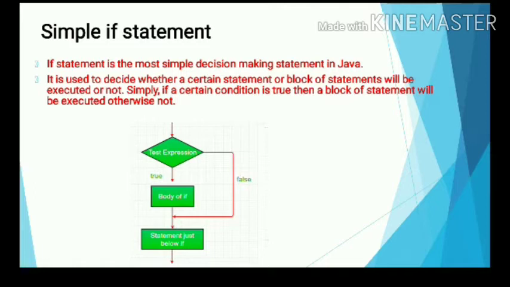So look at the flow diagram. It checks the test expression. If the test expression is true, then the true block will be executed. Otherwise, it just comes to the next statement below.